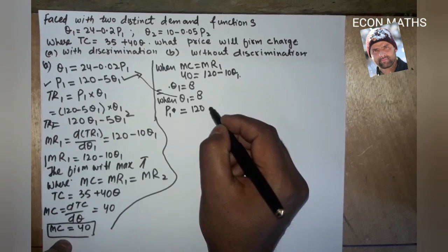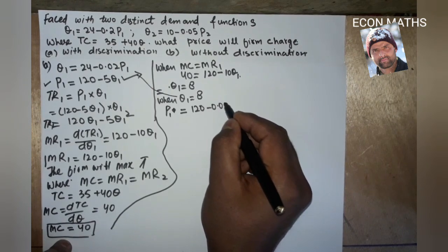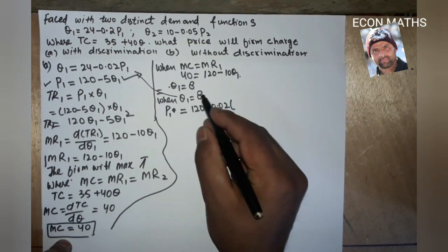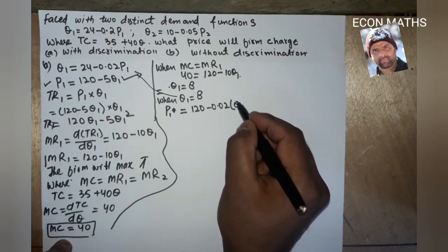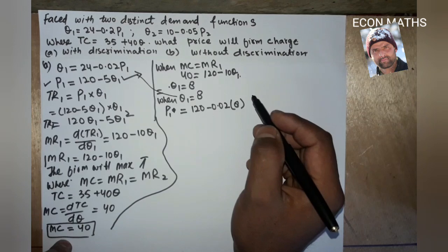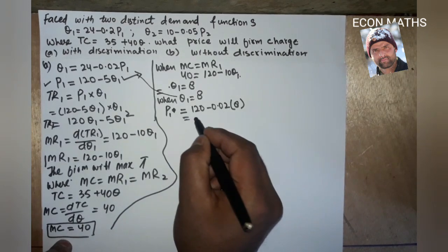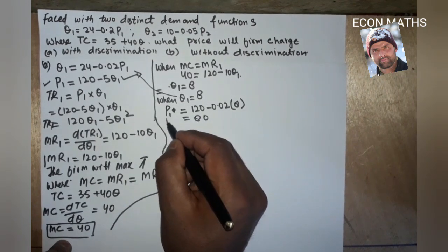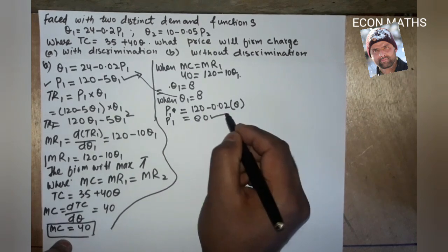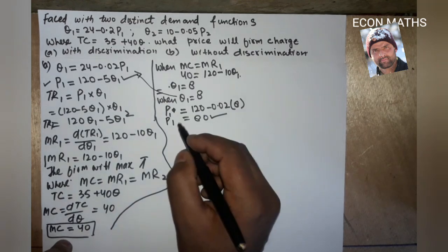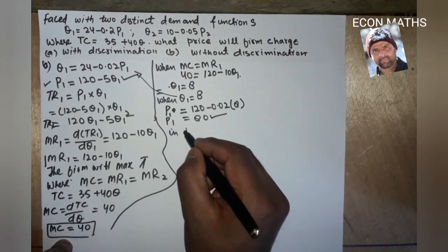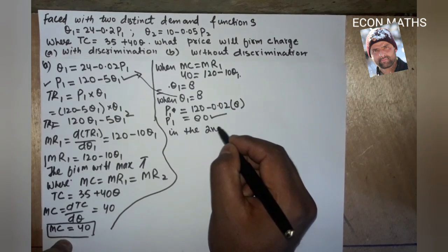That will become 120 minus 0.02 into the value of Q1, that is 8. Solving this will give us 80. So our price in the first market is 80 when the firm does not discriminate.